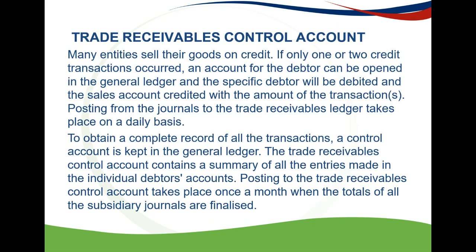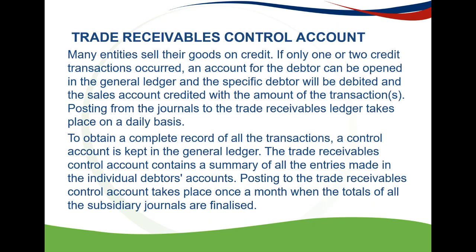And then we have the trade receivables control account, which is a control account in my general ledger, where I post at the end of every month from my CRJ, because in my CRJ I will receive my payments from my debtors. So my CRJ will have an effect on my trade receivables control account.